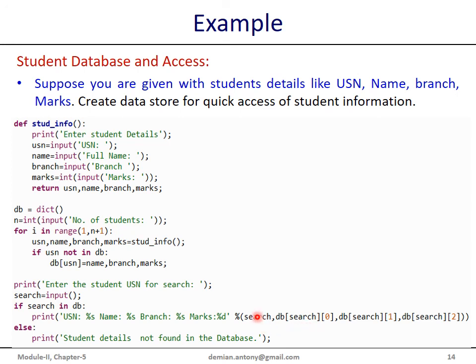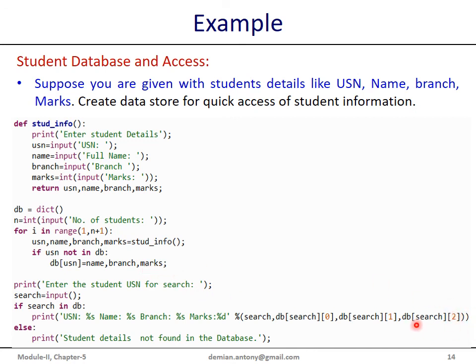How do you extract these individual tuples? The same way as a 2-dimensional list. Here we have to use the dictionary name, and search is a key. Okay, that's a USN, and 0 is the first element, that is nothing but the name of a student, and index 1 is nothing but branch, and index 2 is the marks.